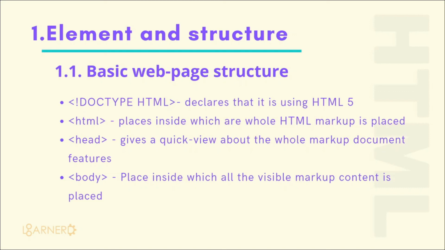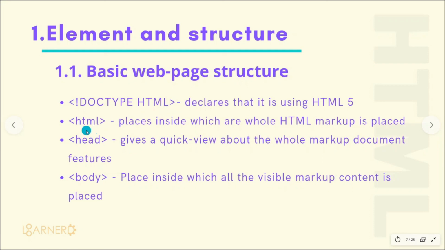There are many benefits to using HTML5. It provides semantic markup, a whole new bunch of new tags, and it is very simple to use. So the doctype html defines that we will be using the HTML5 version.